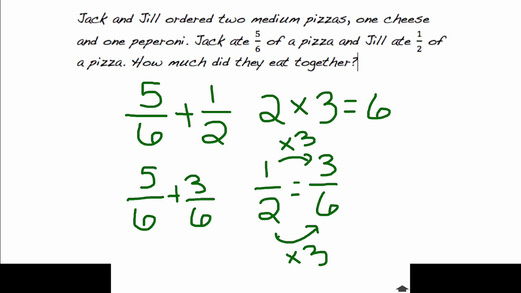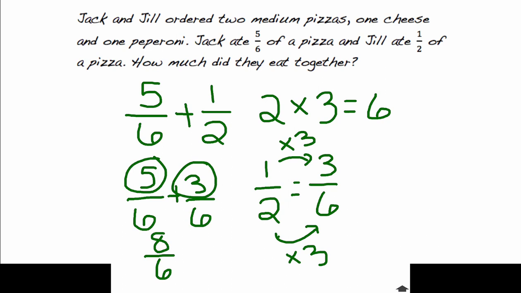When you are adding fractions, you keep your denominator the same and you just add your numerators, which are the top number. So I know my denominator is going to be 6. When I add my numerators, 5 and 3, I get 8. We don't want to leave the fraction like this because this is an improper fraction like we learned, because the 8 is bigger than the 6.